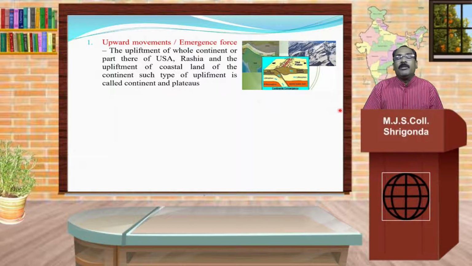Such upliftment is called continental uplift and plateaus. In these regions, both plates come together, and one plate declines and one goes upward. This is upliftment, as in the Himalayan mountain ranges.